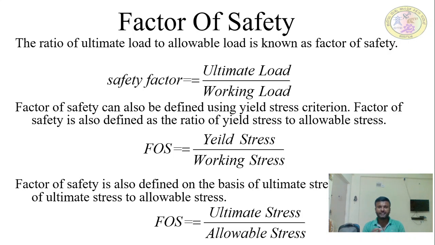For any structure we design, we design it by the limit state method. Limit state is the limit up to which the material will not be stressed for that load. If we load beyond that limit, then the material or structure will fail. So that's why we use the factor of safety. Okay, understand?